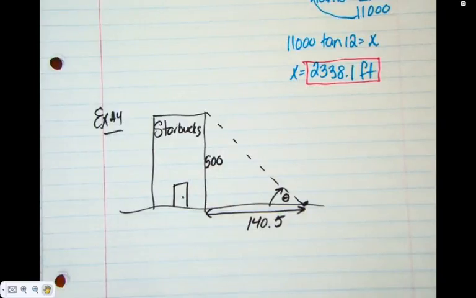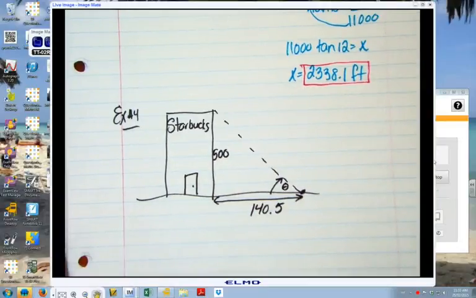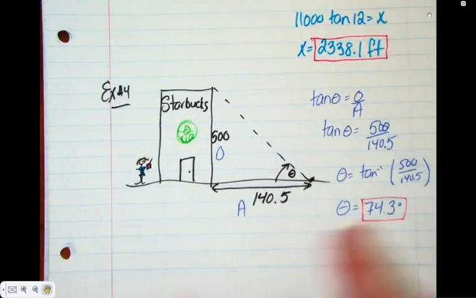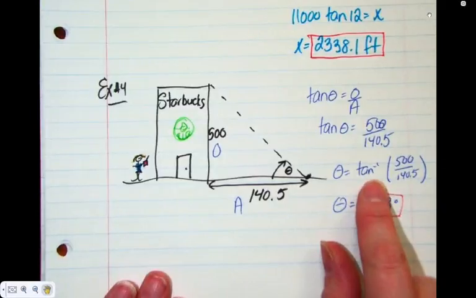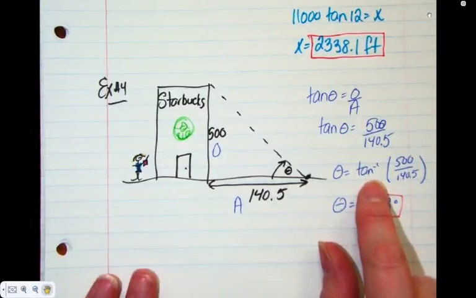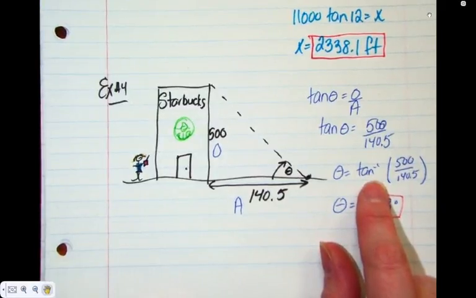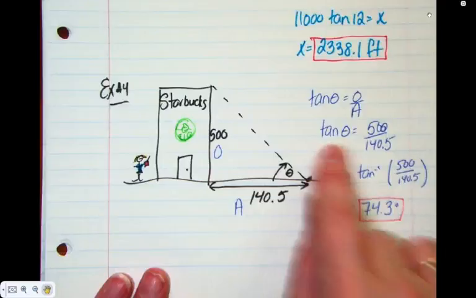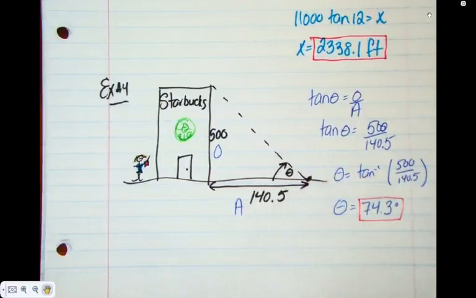Go to, find me the angle of inclination of my giant Starbucks. What the heck is this guy? What is that? That's the inverse tan. Where did he come from? Calculator. We put him in to get rid of tan. Opposite of tan is inverse tan. Who got it? Awesome.